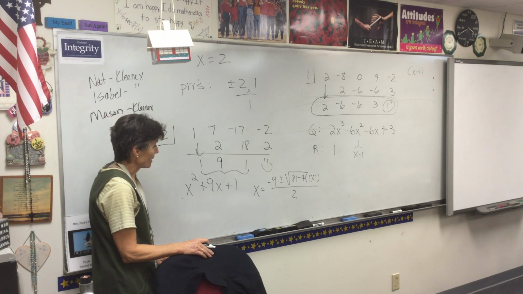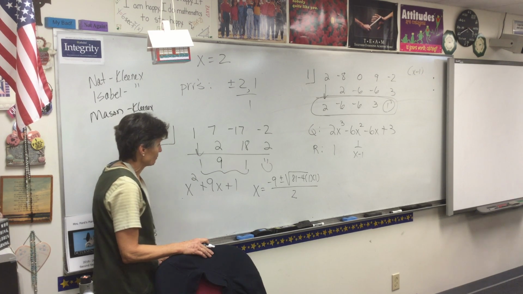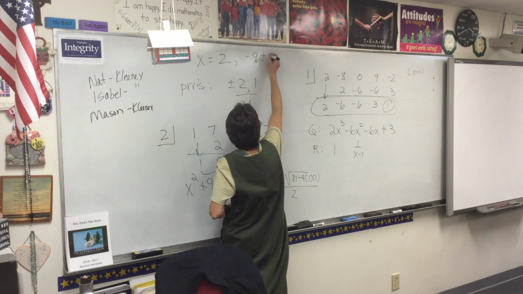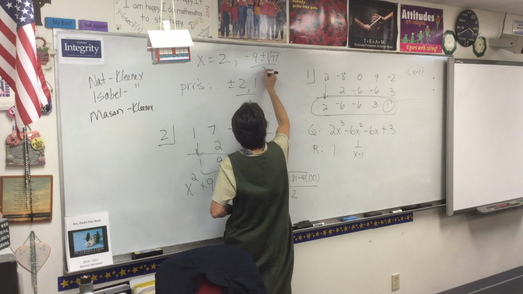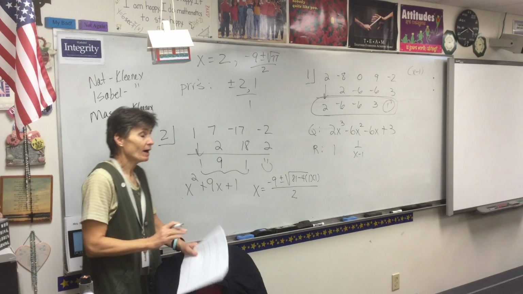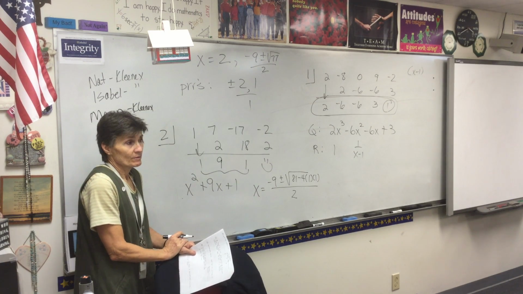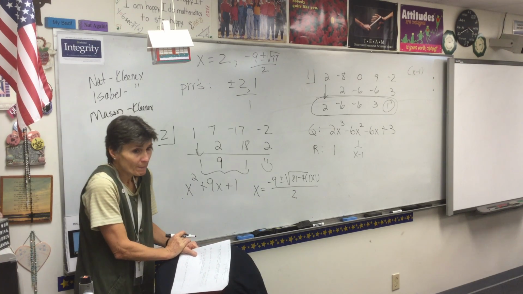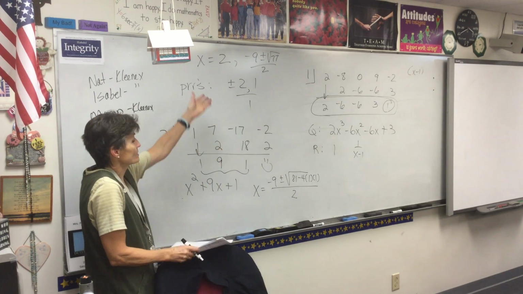What have I got under that radical? 77. Great number. So this is negative 9 plus or minus the square root of 77 over 2. That one does not simplify. Here are the other two answers. You're not graphing this. You're not worried about it at all. Those are the answers. Done.